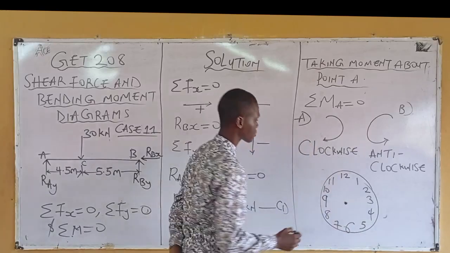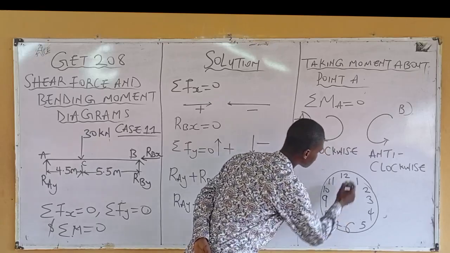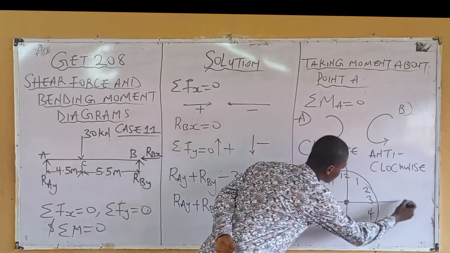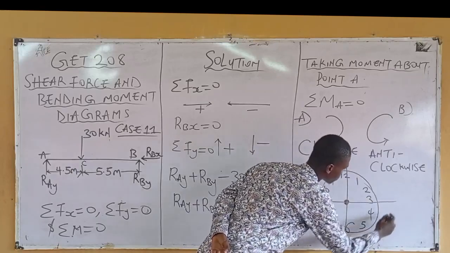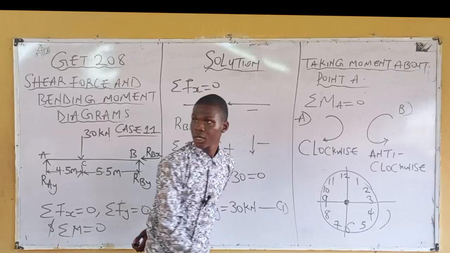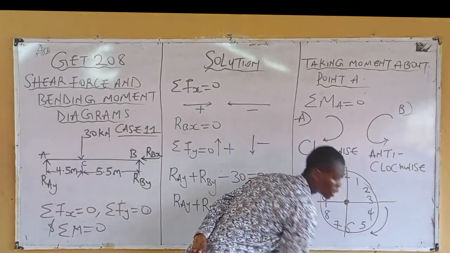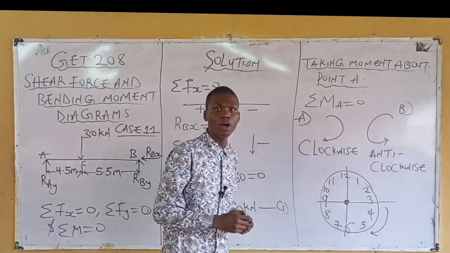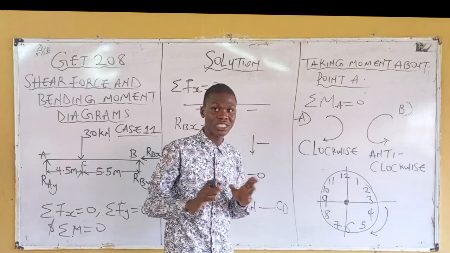Now from here, let's do something like this. When you are going in this direction, hope you can see the board. Now from this wall clock, I want to indicate forward direction.